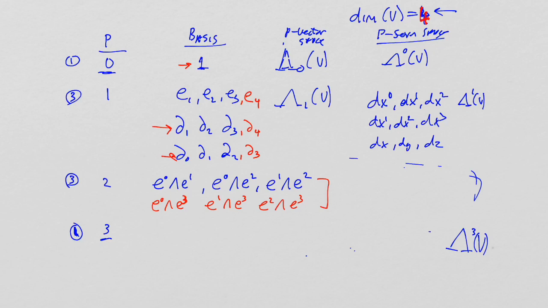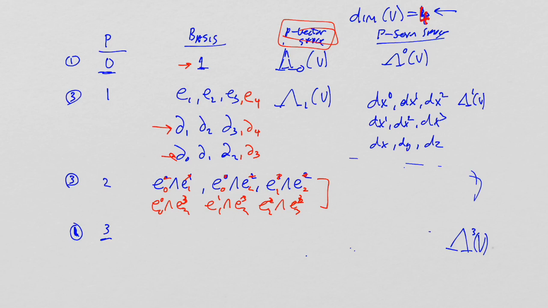And again, these all have to be down below. This is the p vector space. I'm so used to using forms that I'm screwing this up. This needs to be the p vector space: 0 3, 1 3, 2 3.